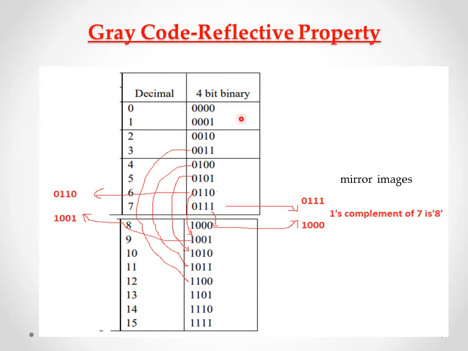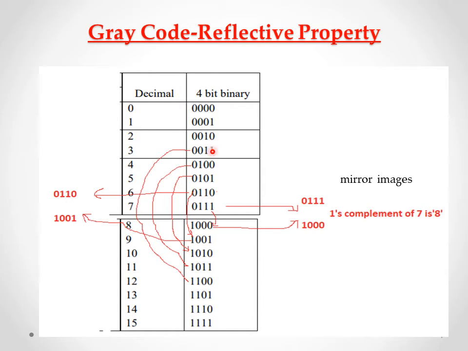And here in gray code, the main property is that subsequent codes differ by a single bit. That is, this is binary 0 and the next is 1; these two differ by a single bit. Similarly 1 and 2 differ by a single bit.